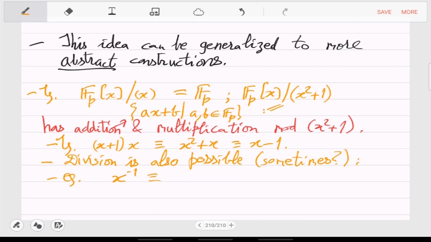It was not there in the polynomial ring. What is x inverse? Yeah, x inverse is minus x. It is quite simple here, but in general it will be complicated because you will do Euclid GCD, and then you can get any ax plus b. Here you get just minus x because x times minus x is 1. This is the multiplicative inverse.